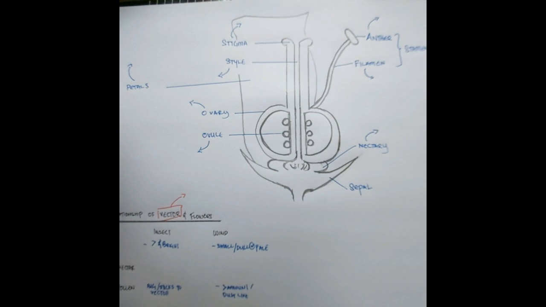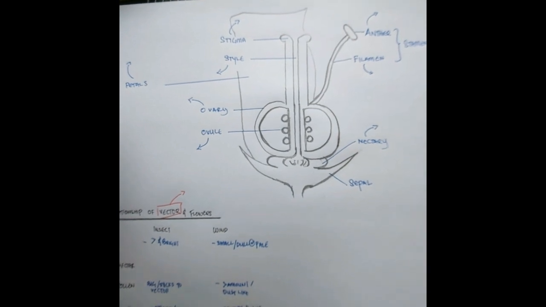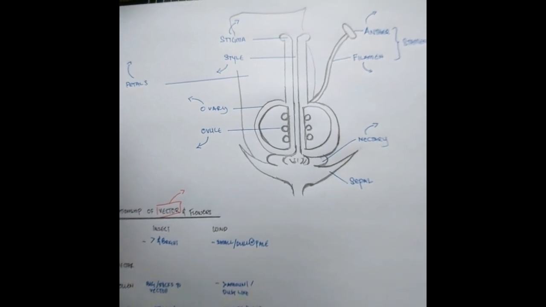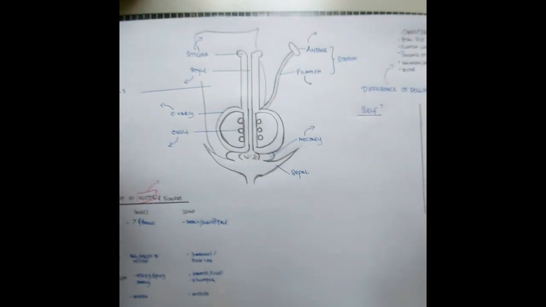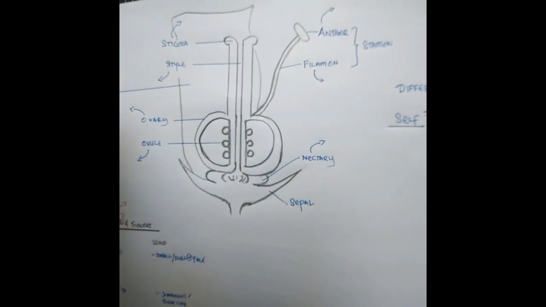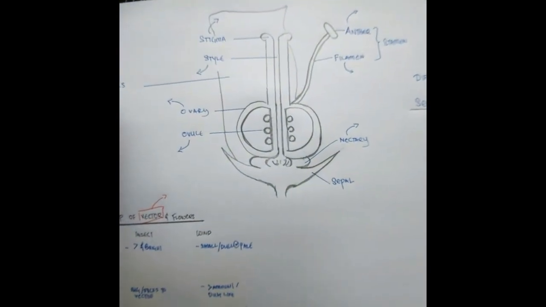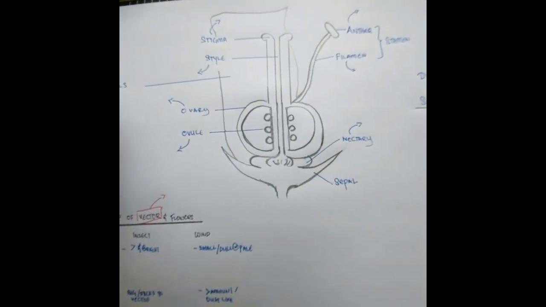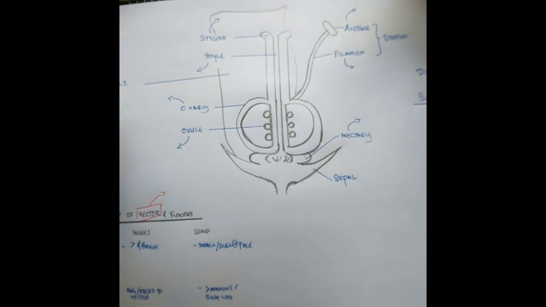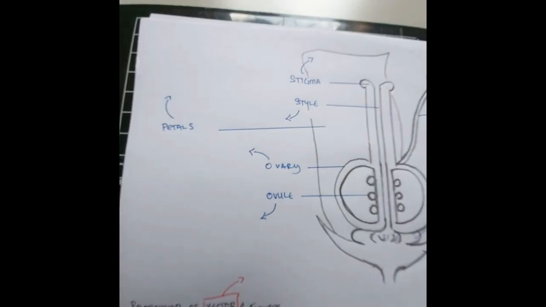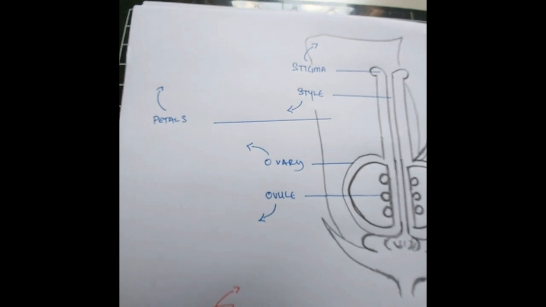Now what I've drawn for you here is a plant reproductive system, and it contains both the male, which is labeled as the stamen, and also the female, which is every other part. Let's focus on the female portion first.